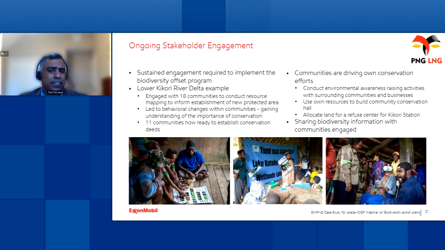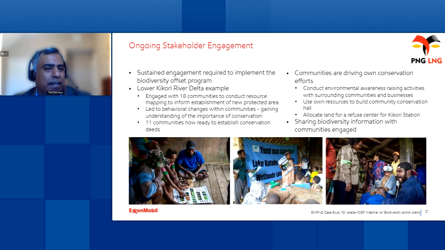The sustained engagement approach with the local communities in the lower Kikori River Delta over the years has resulted in behavioral changes in the communities, with residents and local fishers gaining a greater understanding of the importance of conservation. Some of the communities are now ready to establish conservation deeds, and other communities continue to show interest in joining conservation programs and dedicating land for conservation activities.